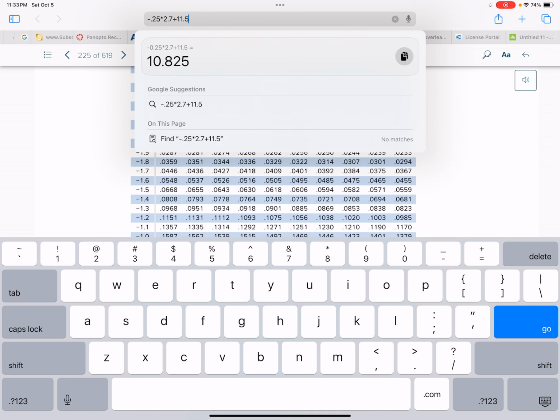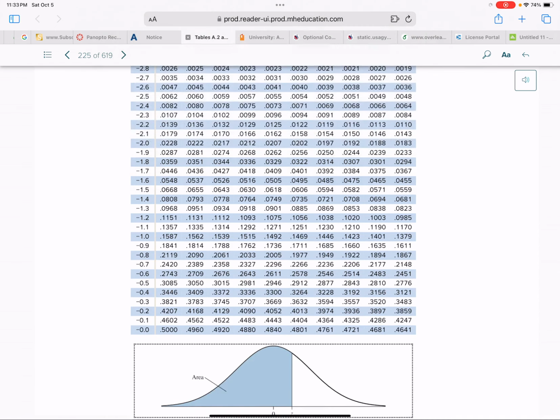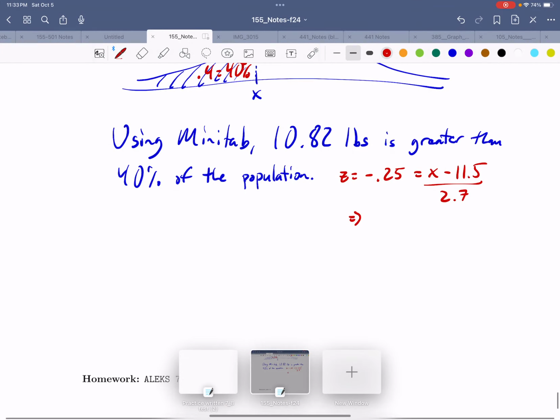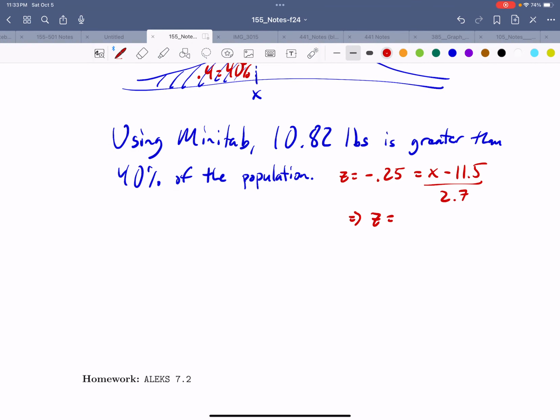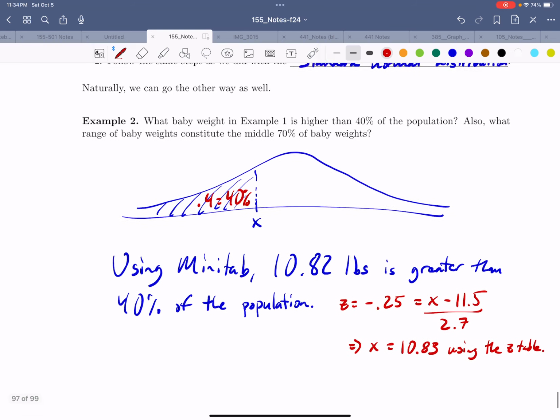So we get a slightly less precise answer, but 10.825. That's basically the same as we got before, right? Or sorry, not z, this is going to be x equals 10.8, I guess, in that case, right? So slightly different from what we had before. All right, so we get that.